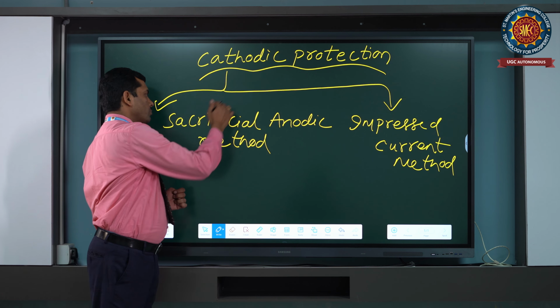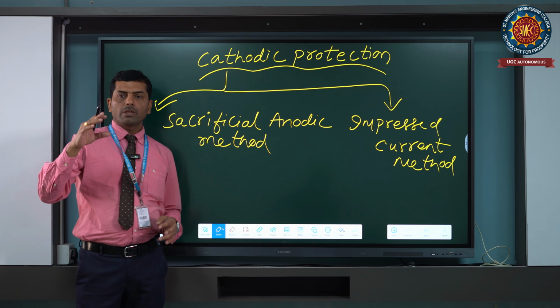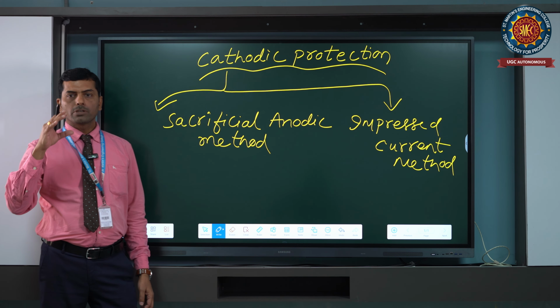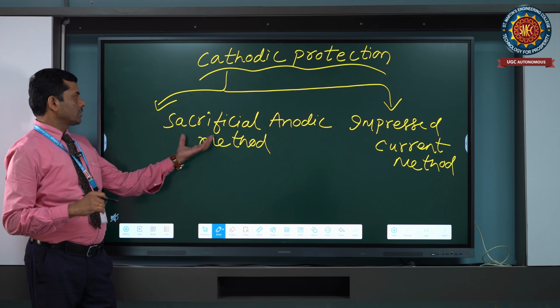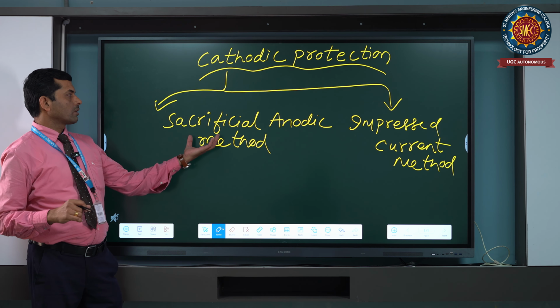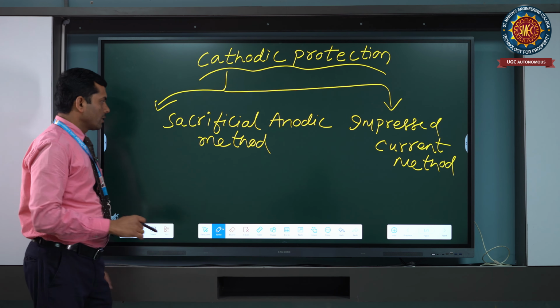So cathodic protection has a simple principle: the active metal, or any protected metal, is converted to a cathode so that it is protected. In this way, we can see the explanation under the sacrificial anodic protection method and the impressed current method.